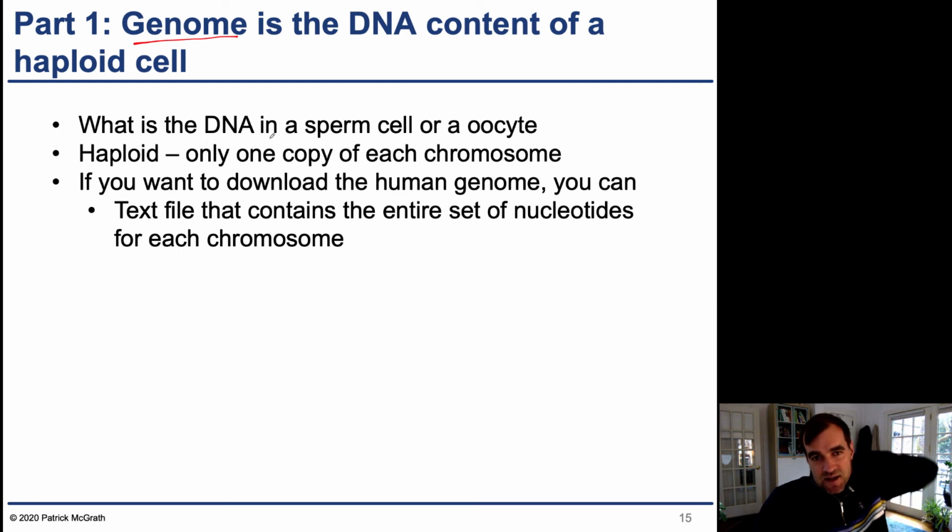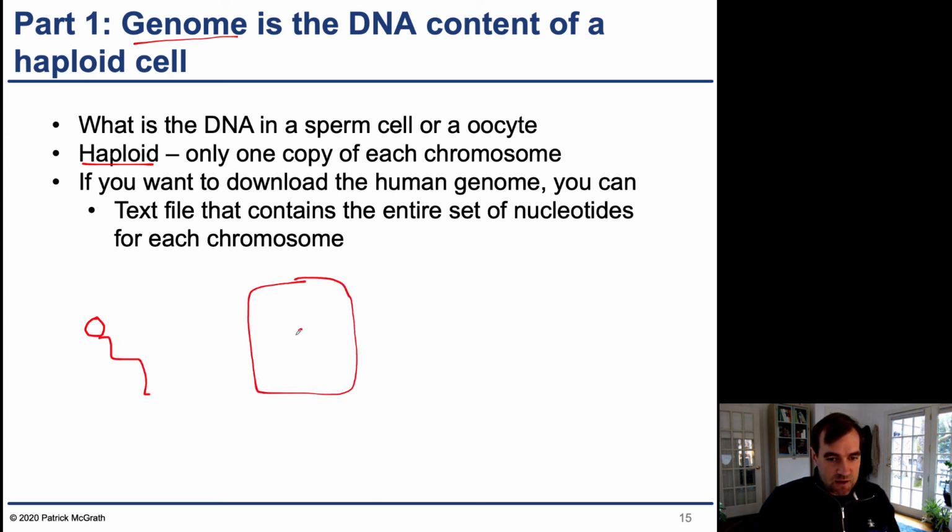So what is the DNA in a sperm cell or an oocyte? So in these gametes, each individual cell is haploid. So in a sperm cell and an egg cell, these are special cells. So they only have 23 chromosomes, because when they fuse together, they come together to produce a new individual that has 46 chromosomes.